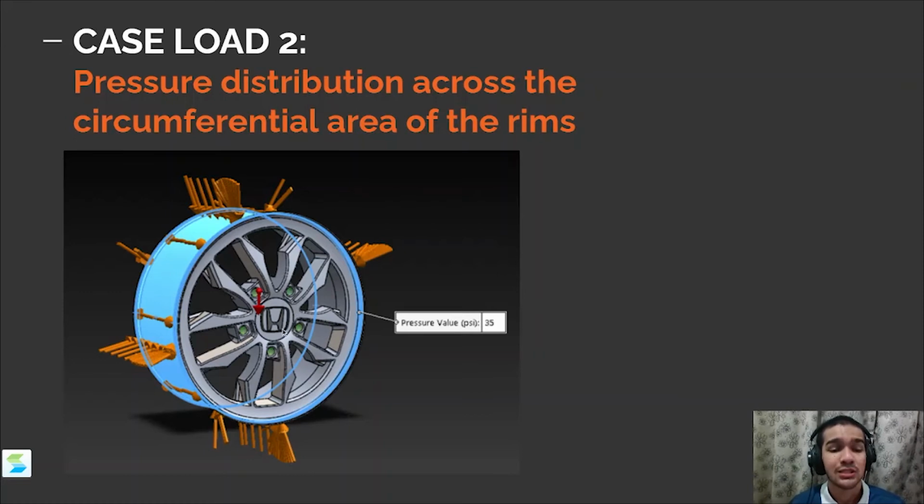I also consider the gravitational effect on this rim, which is represented by this red arrow, and the pressure is represented by the orange arrow.